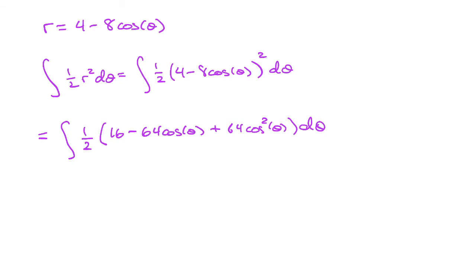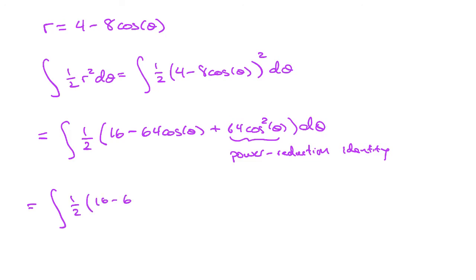So what we would then do at that point is to use our power reduction identity on the cosine squared, so that we have our 1/2 (16 minus 64 cosine of theta plus 64 times (1/2 plus 1/2 cosine of 2 theta)) d theta.